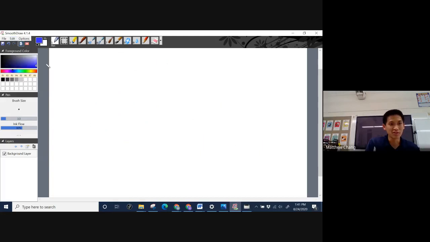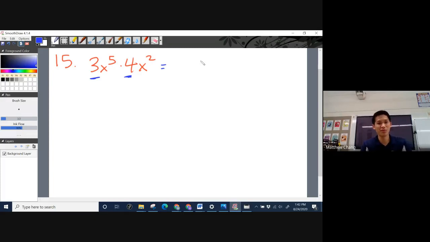Let's see. I'm going to clear the screen. Number 15. Okay, so 3x raised to the 5th times 4x squared. What I see for this one is there's a 3 here and there's a 4 here. So 3 times 4 is 12. X to the 5th times x squared.